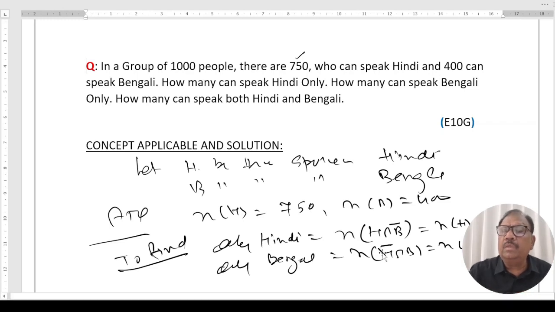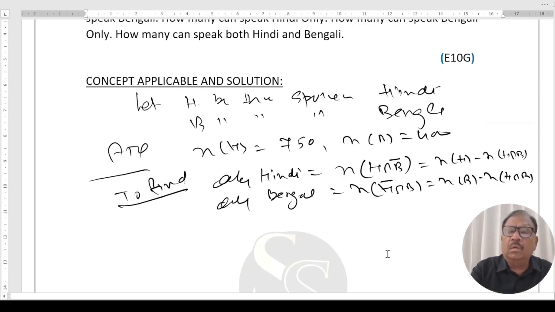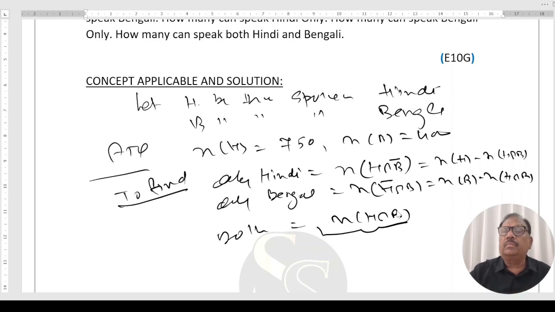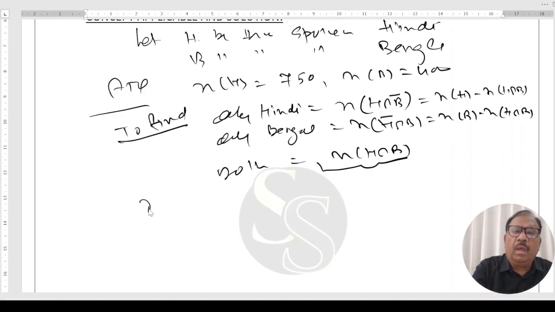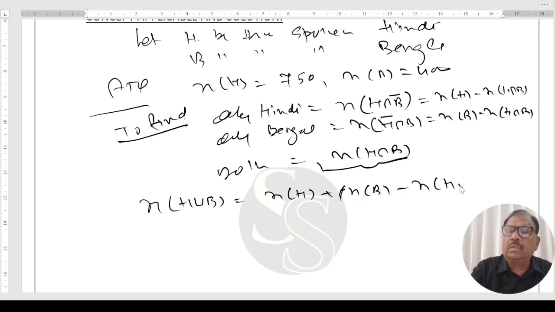And the third part is both. Both means n(H intersection B). First of all, we will find this one. n(H union B) equals n(H) plus n(B) minus n(H intersection B).